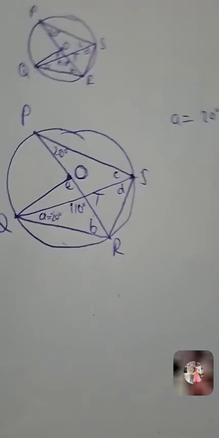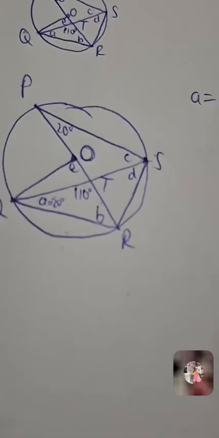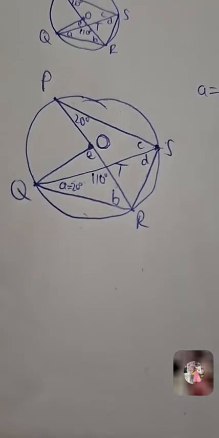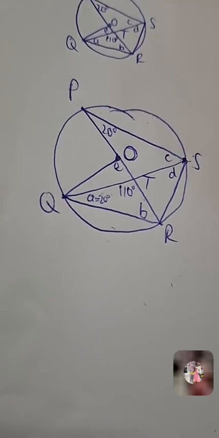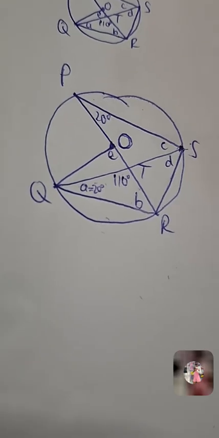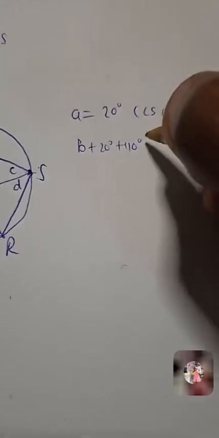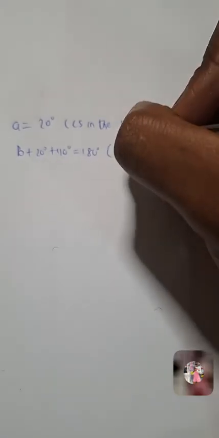Okay. So now we can find angle B using the sum of angles in a triangle. So we are going to say angle B plus 20 plus 110 is 180. Reason being sum of angles in a triangle.